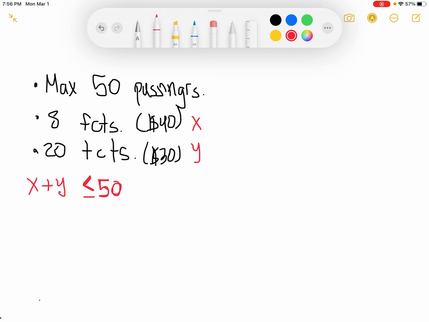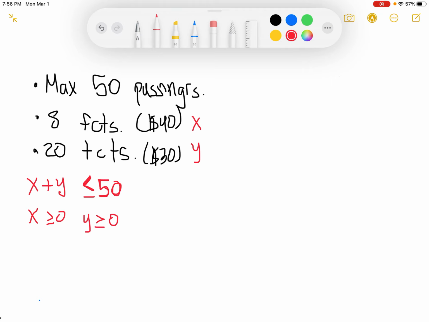What else? Oh, well, 2 ones that are always there for real life situations is X is greater than or equal to 0 and Y is greater than or equal to 0. Well, why? Let's think about it.